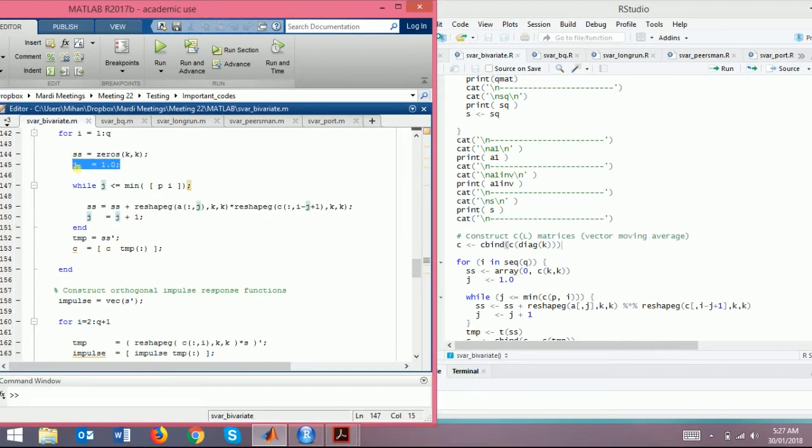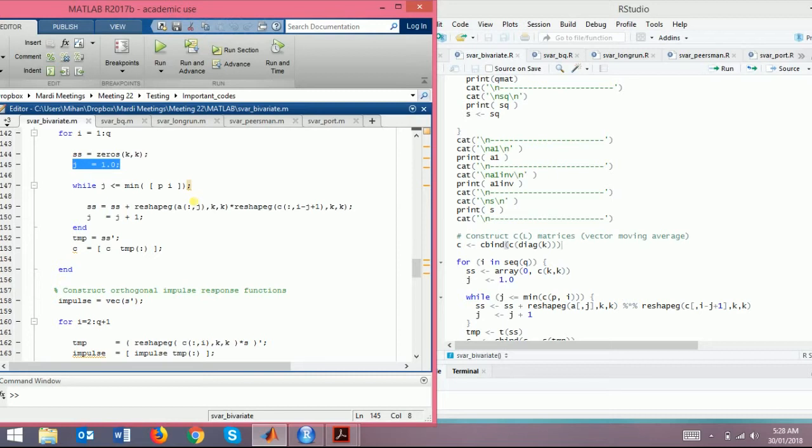Because we're going to use a while loop, we're setting J to start from 1, up until J is less than or equal to the minimum of autoregressive parameters and the lags, P rows and I columns.